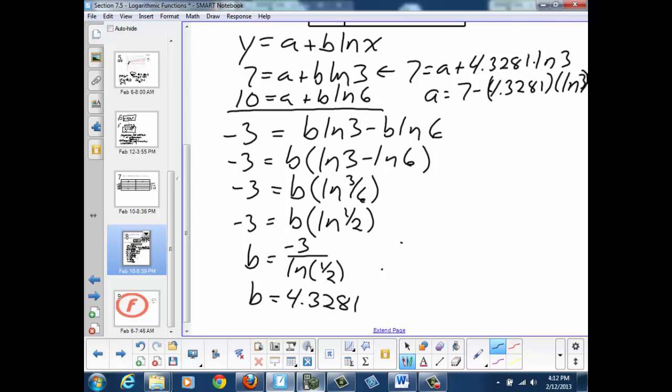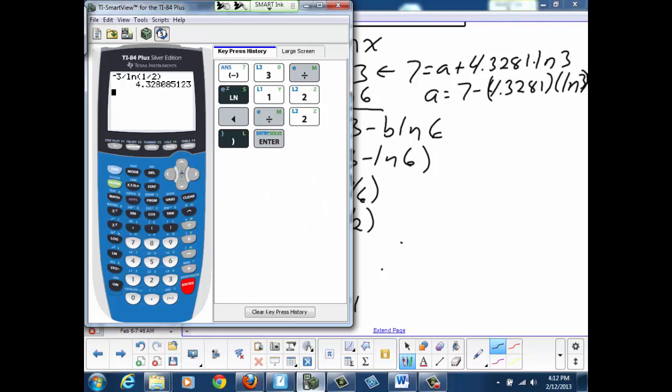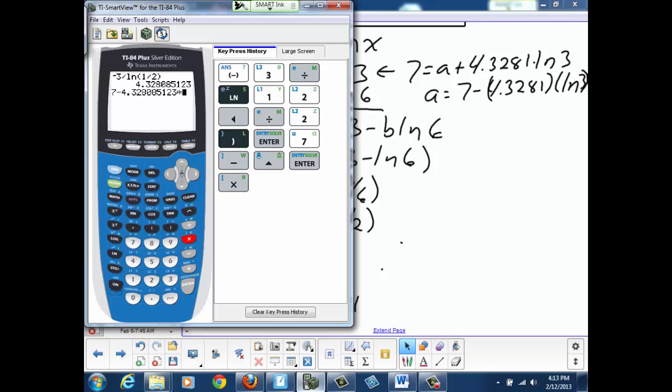Once again, we call on our calculator. So we have 7 minus this value times the natural log of 3.